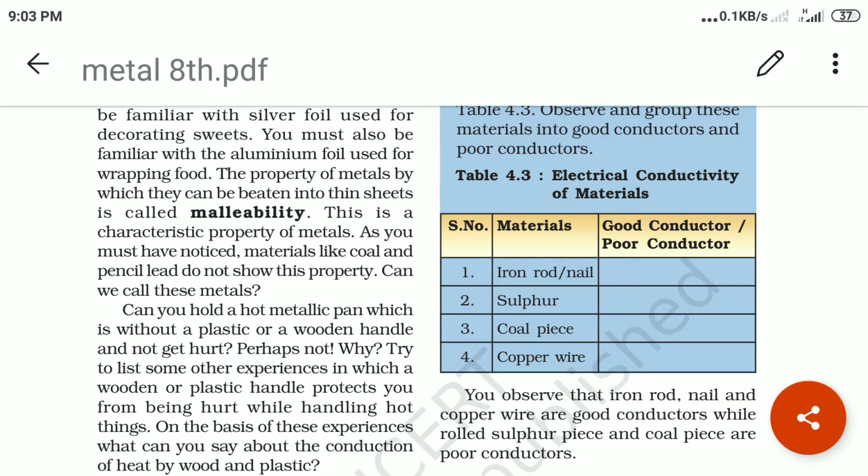No. When we hammer coal or the pencil lead, they break and are not converted into sheets. But the iron nail and aluminium wire, when we beat them, are converted into sheets.